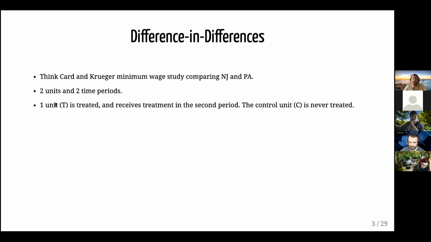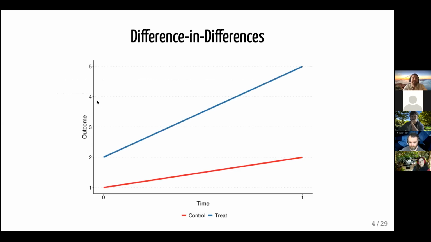So this is the very simple way you could think about an RCT. You could think about anything, right? You have 1 unit that never gets whatever the shock is or whatever the treatment is. And then you have a control unit. And so this is the way I think about it, right? Over time here, red is the control unit. So there could be some pre-existing time trends, things change, placebo effects, or just general time dynamics, right?